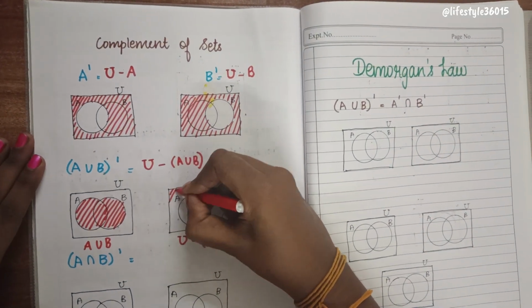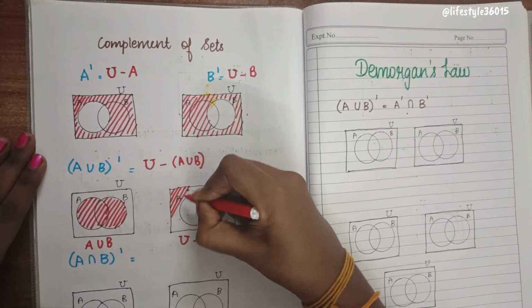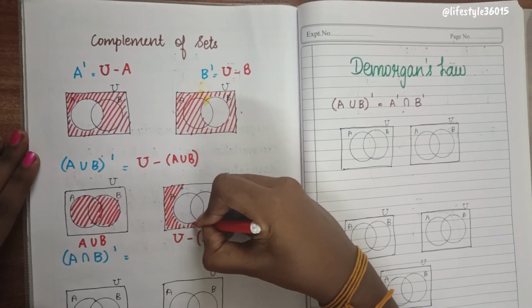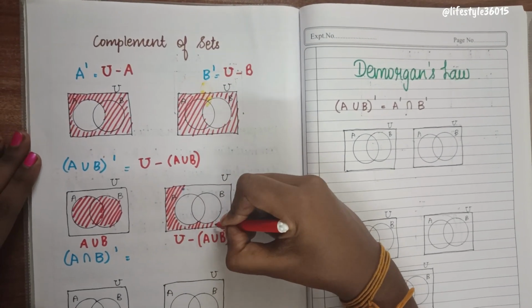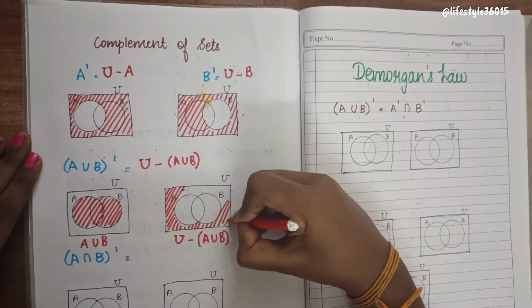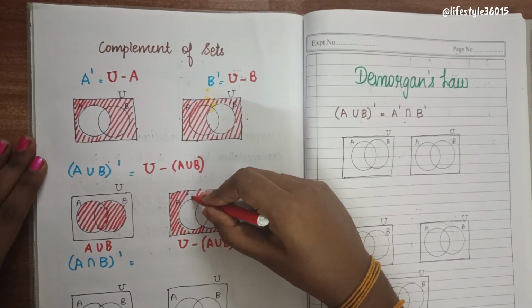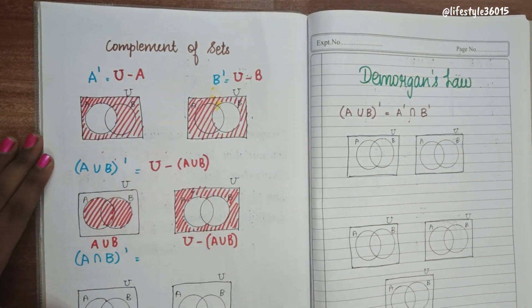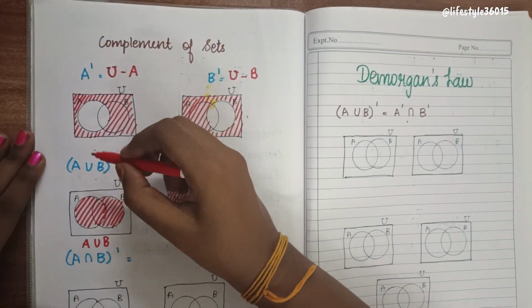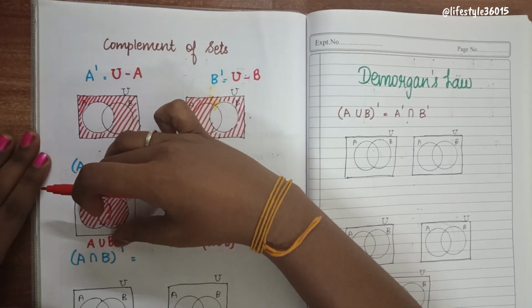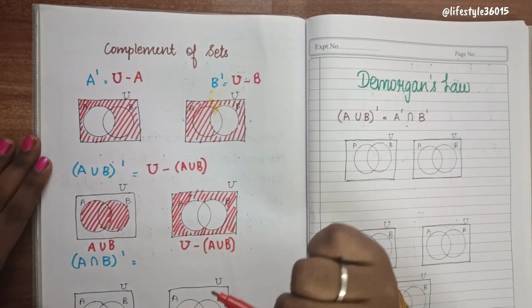So, universal set minus A union B is the outer region of A set and B set. When they ask A union B the whole dash, first you should draw A union B and then you should subtract it with the universal set.